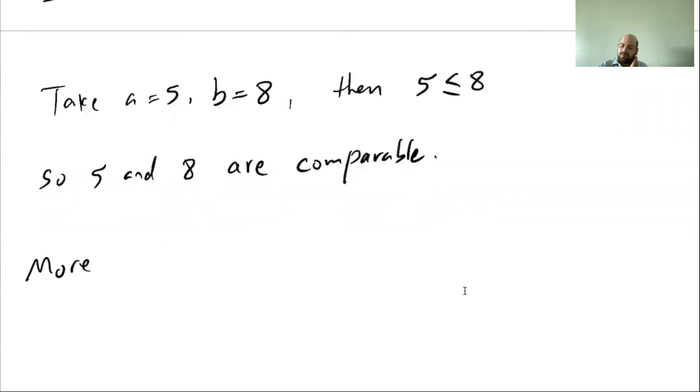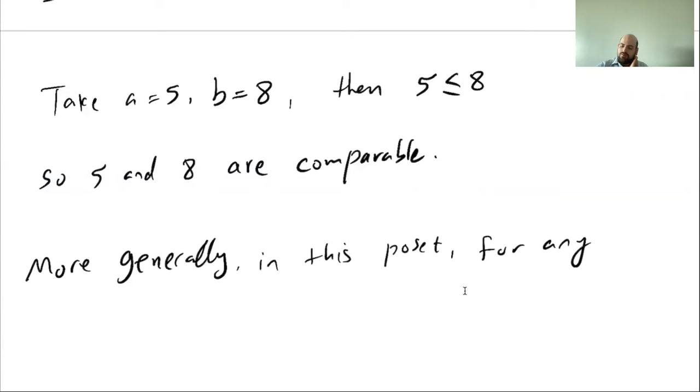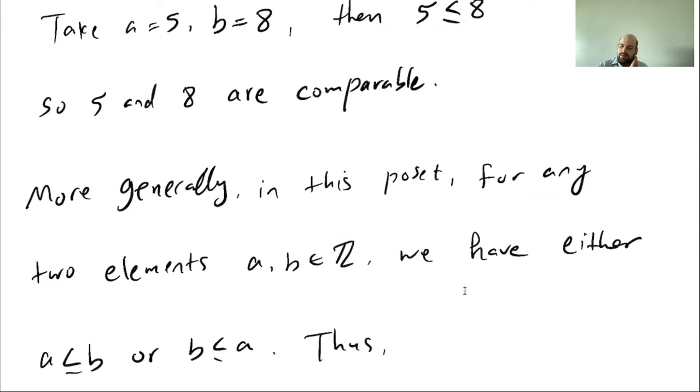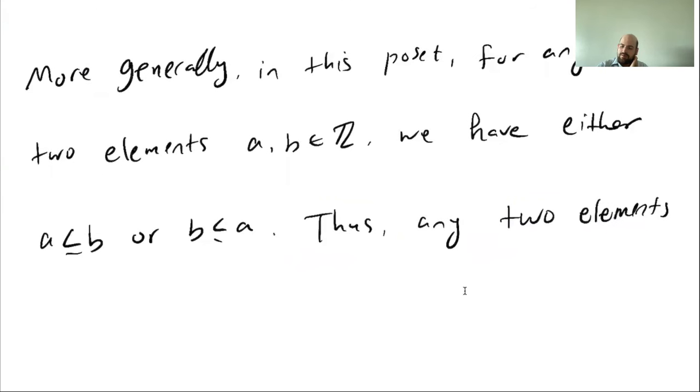More generally, in this poset, for any two elements A and B in Z, we have either A less than or equal to B, or B is less than or equal to A. Thus, any two elements of this poset are comparable.